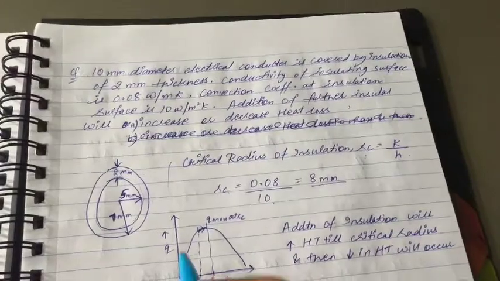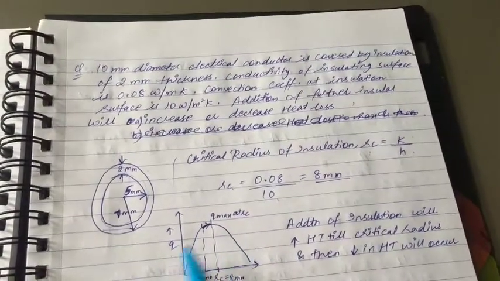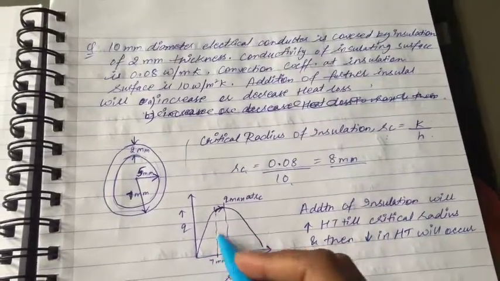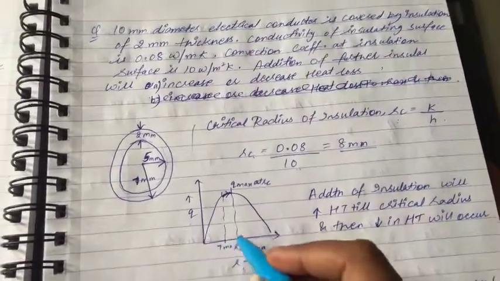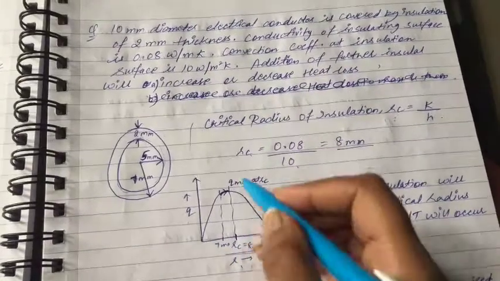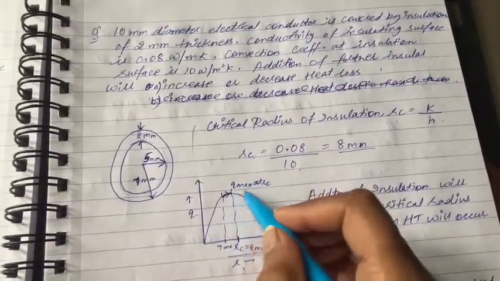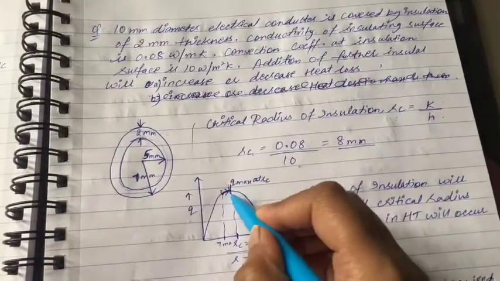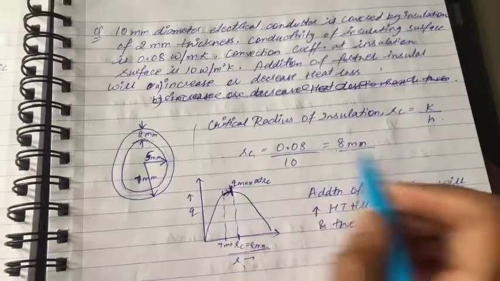What it means, for Q versus R, is that our overall radius is 7 mm, so till 8 mm, at Rc, we get our Q max, the maximum heat transfer.